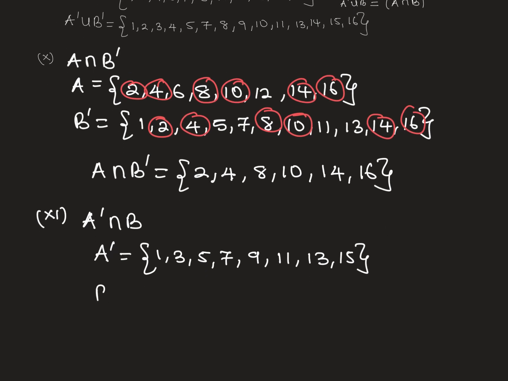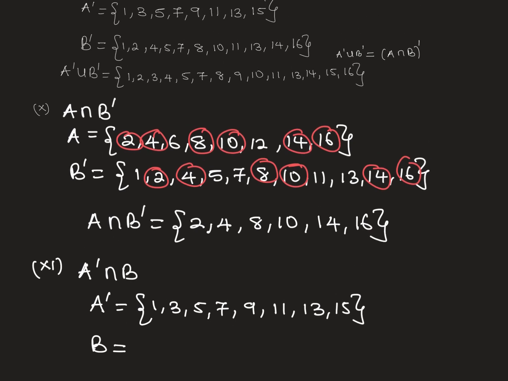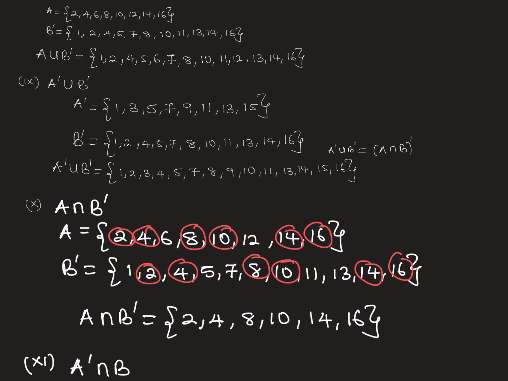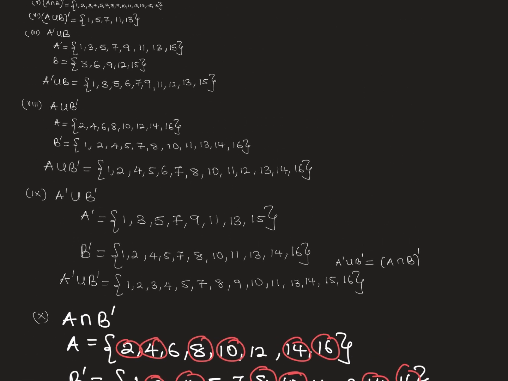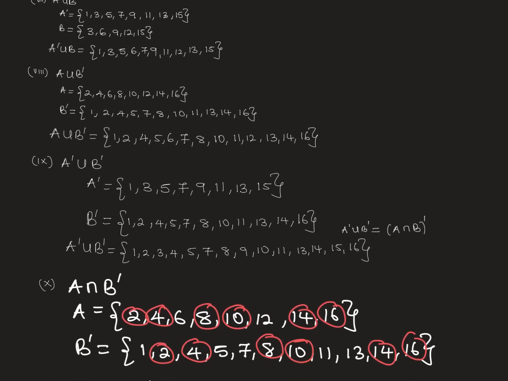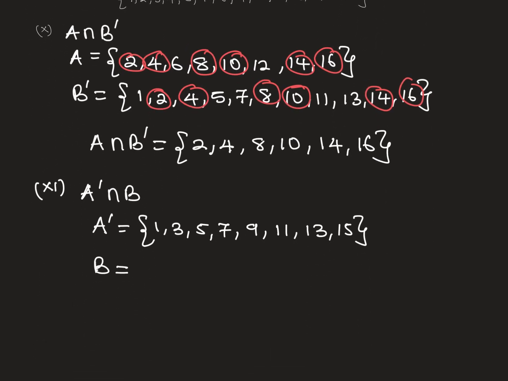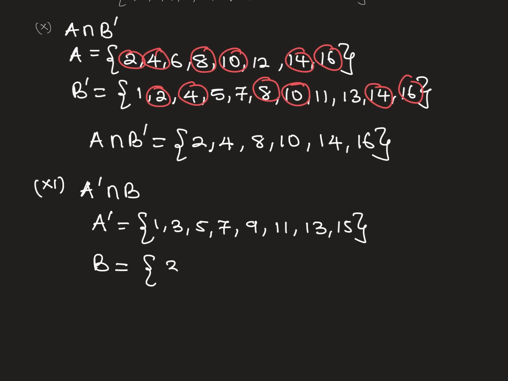So what are the members of B? Members of B are 3, 6, 9, 12, and 15. So intersection means members that are common in this.